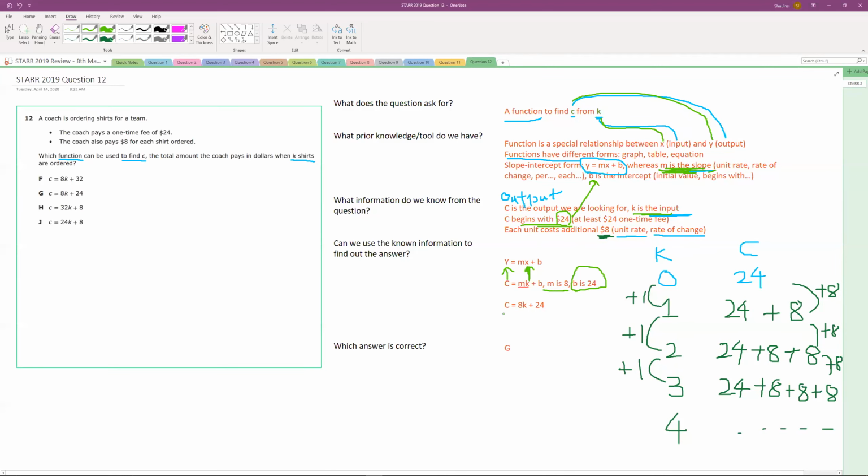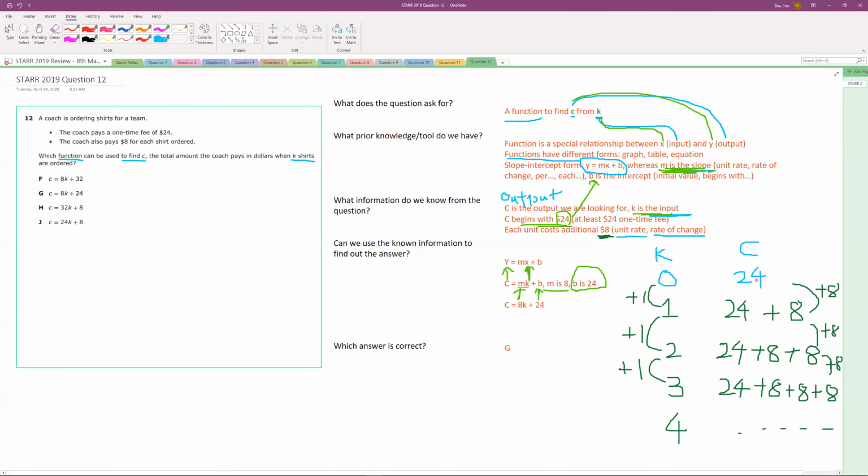So this formula will look like C equals, we substitute M with 8, and we substitute this B with 24. So it's going to be C equals 8K plus 24. It means the total cost equals $8 per shirt plus a $24 one-time fee.